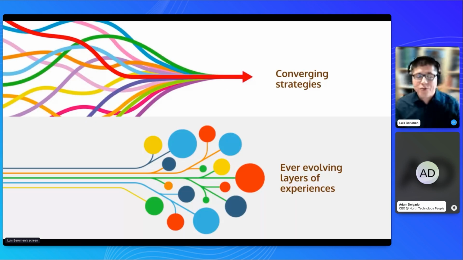At the end of the day, when we have a reporting exercise, we are also exercising our storytelling skills. So we need to think about two different ledgers where we need to place that storytelling. One is you are telling this story, you are doing this report because you want converging strategies.